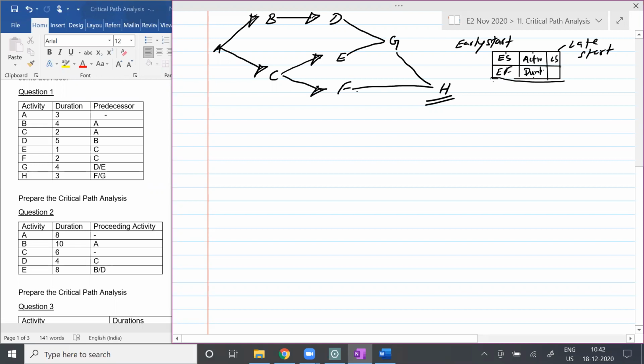And here EF, that is early finish. What is that? Early finish. And LF, which is late finish. Late finish. If you don't mind, can you please take this down, students? Activity, duration, early start, early finish, late finish.